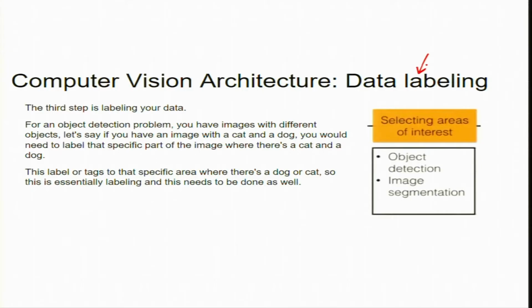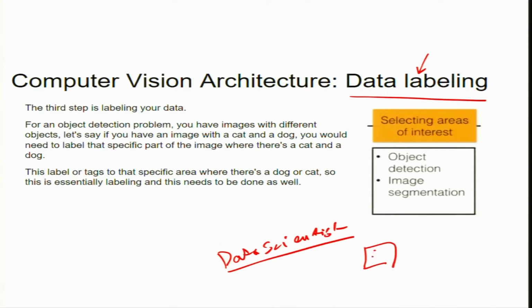Once the data is pre-processed, the next part is about the data scientists. They have to label the data. So, what do we mean by the label? If a picture of a cat is presented, a label is attached and this label will say that this is an image of a cat.